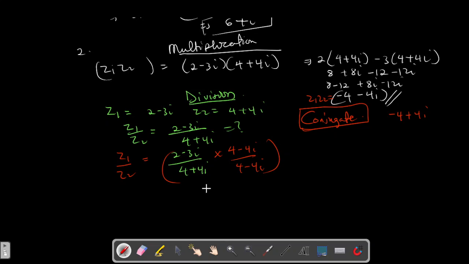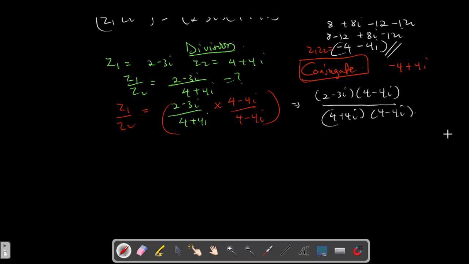So now let's get back. At this point, numerator multiplies numerator, denominator multiplies denominator. I'll have 2 minus 3i multiplying 4 minus 4i, all over 4 plus 4i multiplying 4 minus 4i. So let's simplify these simply.